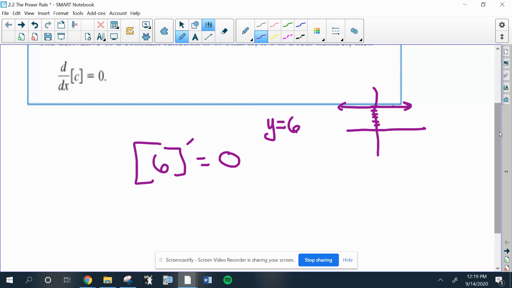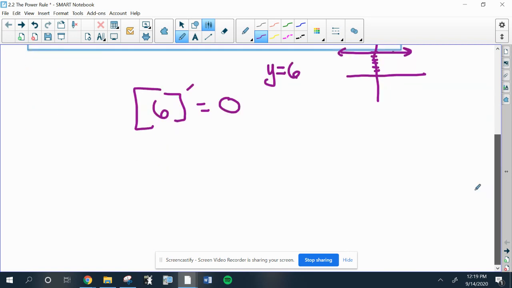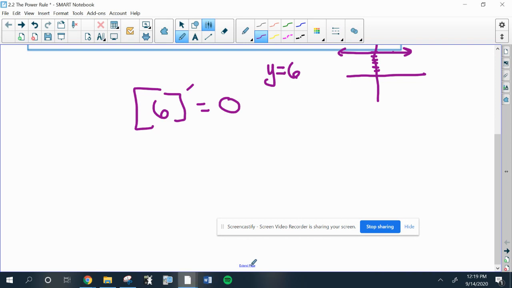The next rule that we really don't have a theorem about, but I want to show it anyhow, is what if we had something like the derivative of 3x? You can probably guess what that derivative is going to be because we know derivatives are slopes. So again, we're going to think of this as the function y equals 3x.